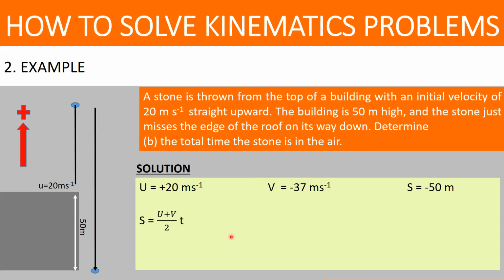So you substitute the values in, and voila, you've got the answer t as 5.9 seconds, and that would be the total time for the stone to go up and come down, and just before it hits the ground, the time interval that has elapsed turns out to be 5.9 seconds.